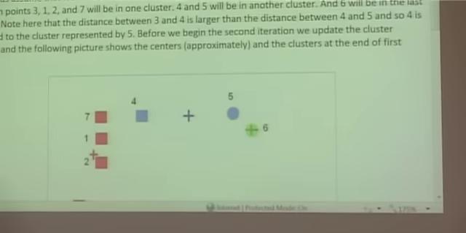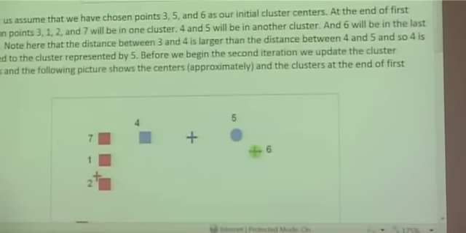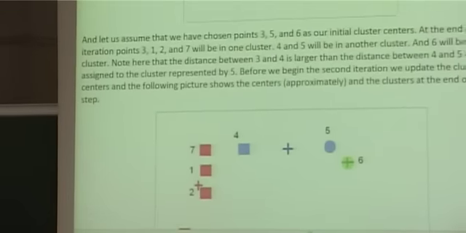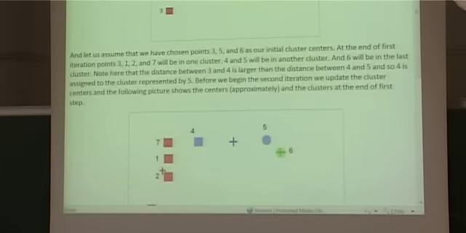But let's look at this example, how empty clusters can be generated as a result of the k-means algorithm. So k is chosen to be 3. There are different versions of the k-means algorithm in terms of how the initial clusters are selected. Some k-means algorithms try to select faraway points as initial cluster centers.